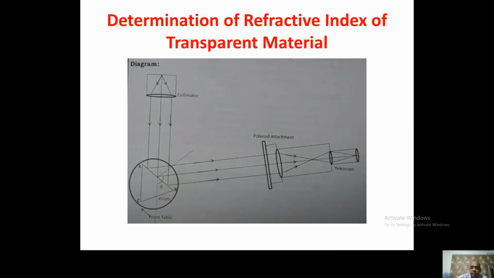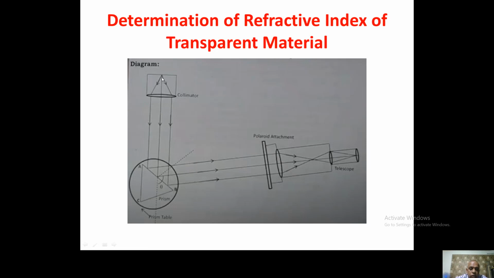Now see here, this is the ray diagram. This is the prism table. On this prism table, ABC is the prism, where AC is the base and AB is the reflecting surface of the prism.